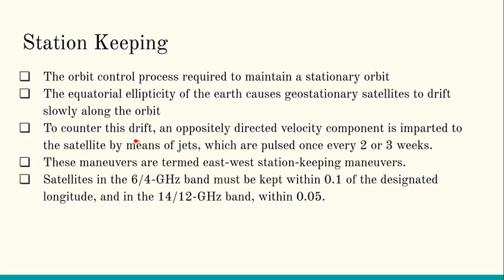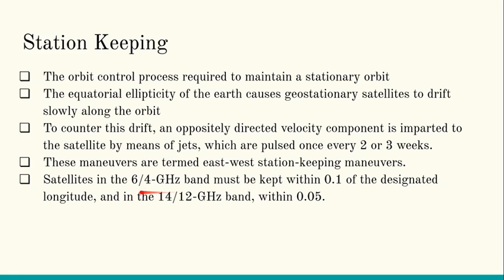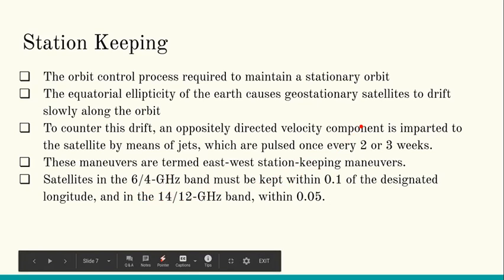This is done by means of jets which are pulsed once in 2 or 3 weeks. These are called east-west station keeping maneuvers. Satellites in the 6.4 GHz band must be kept within 0.1 of the designated longitude, and in the 14-12 GHz band they must be maintained within 0.05 of the designated longitude.